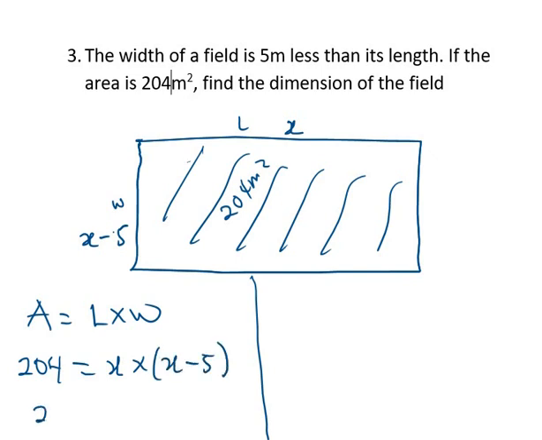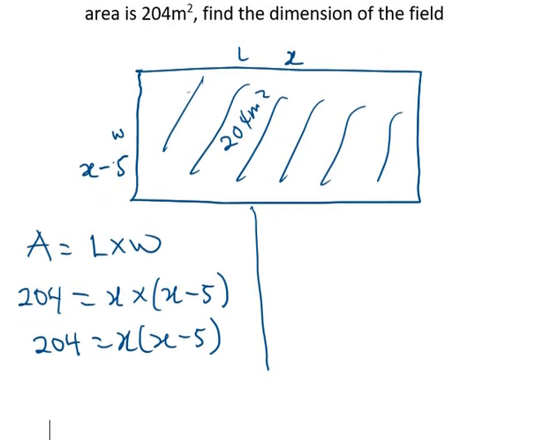So I can write it as 204 equal to x bracket x minus 5. Then I'll continue to get 204 equal to x square minus 5x.